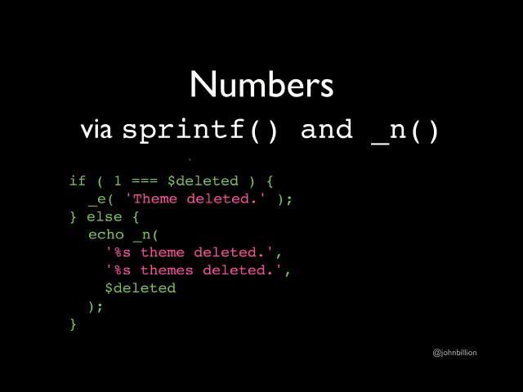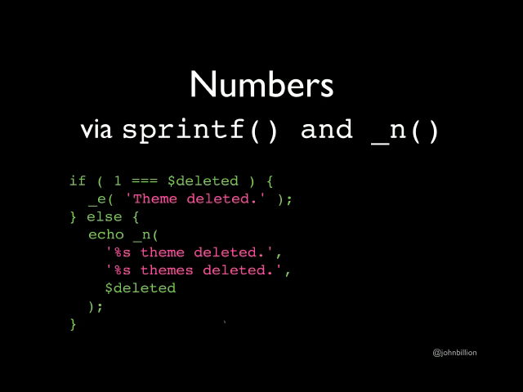Here we have a simple piece of logic. The deleted variable here is the number of themes that have been deleted. Now, if one theme has been deleted and only one, then we'll output the text "Theme deleted", because this piece of text only applies to one theme. However, if more than one has been deleted, then we need to use the singular and the plural forms correctly.